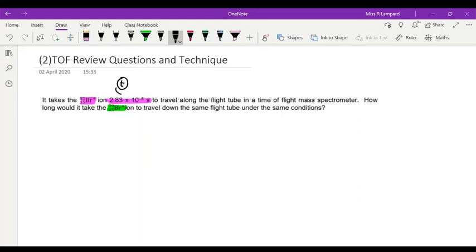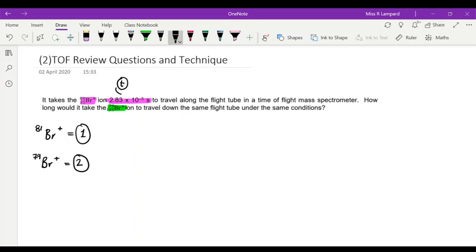So we've really only been given the time of the ion of interest, the first ion of interest. So we're going to call the 81 bromine ion, ion number 1, and we're going to call the 79 bromine ion, ion number 2.